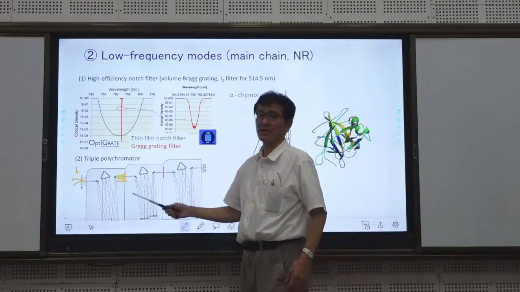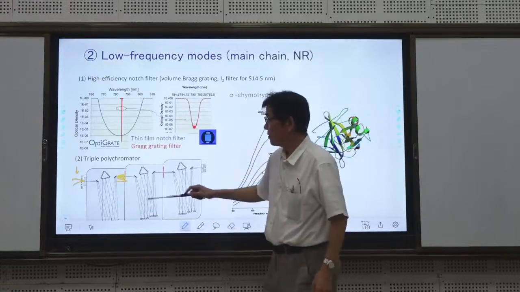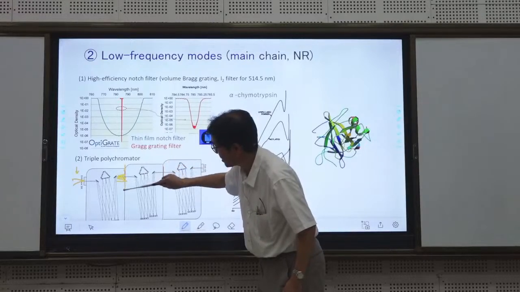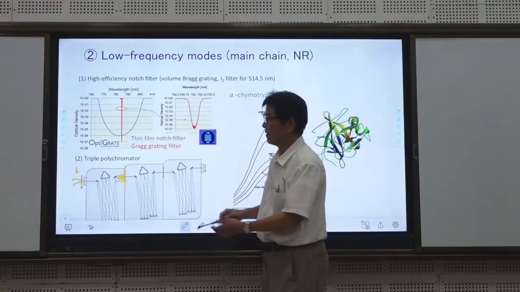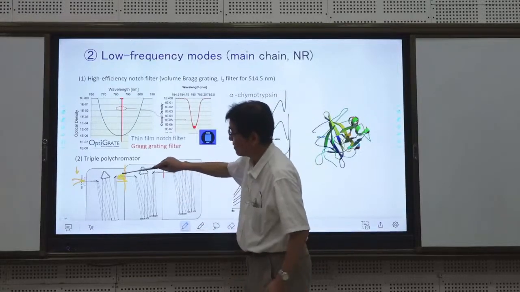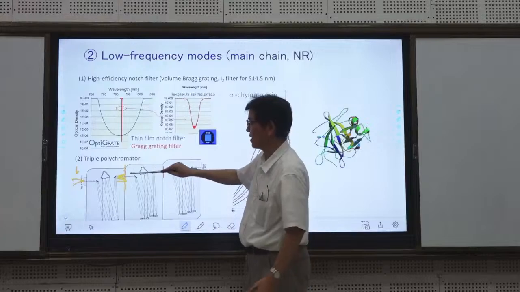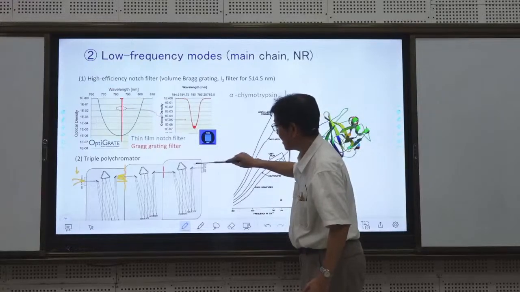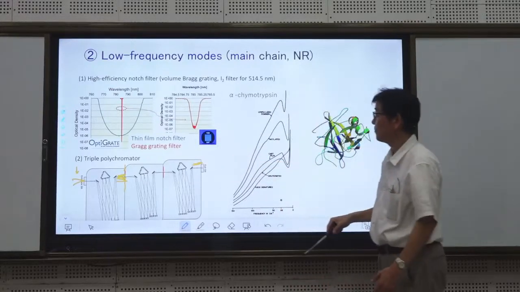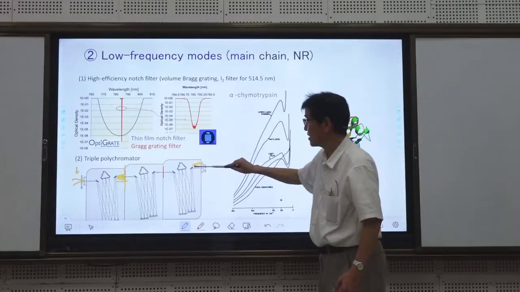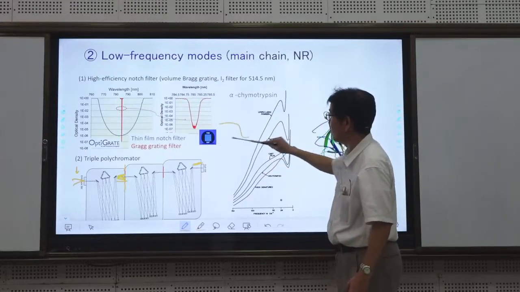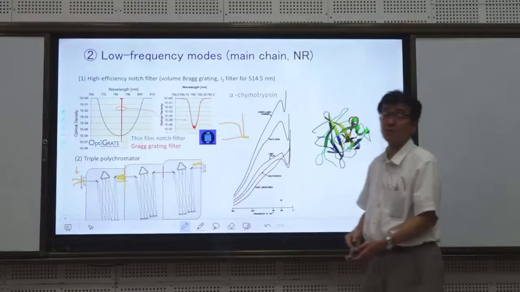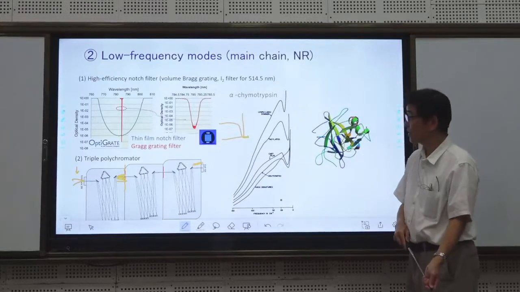Let's put three monochromators together, then put the slit here. Then the dispersion of different colors becomes larger and larger, and the Rayleigh line can be cut very effectively. So we can detect the low frequency region also using a triple monochromator.